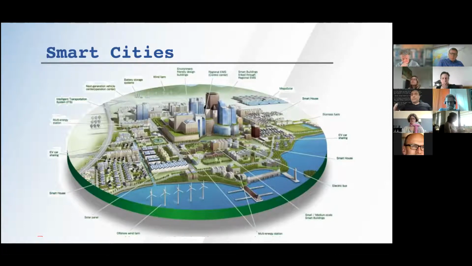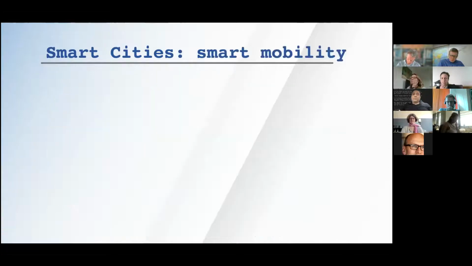As I discussed earlier about smart systems, there are some key aspects like connectivity, for example, one of the main key aspects in developing a smart city. Smart mobility, for example, is one important aspect.